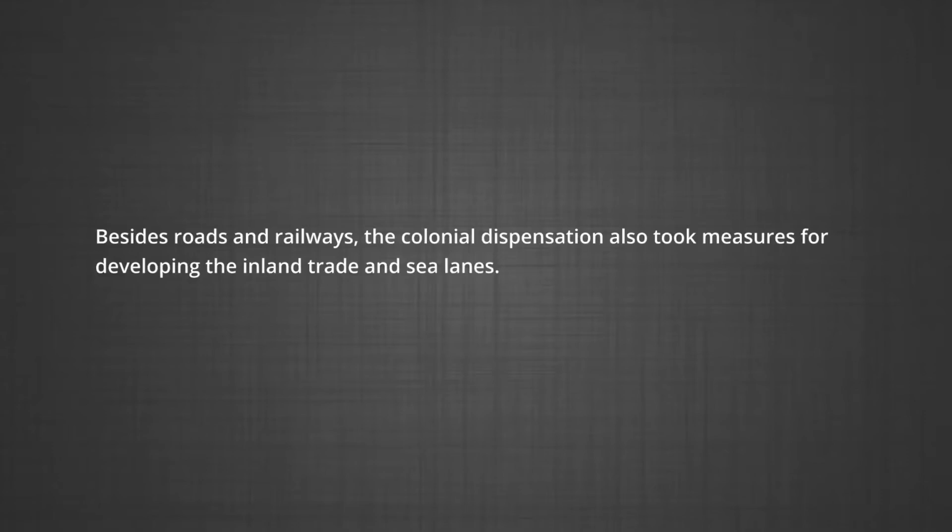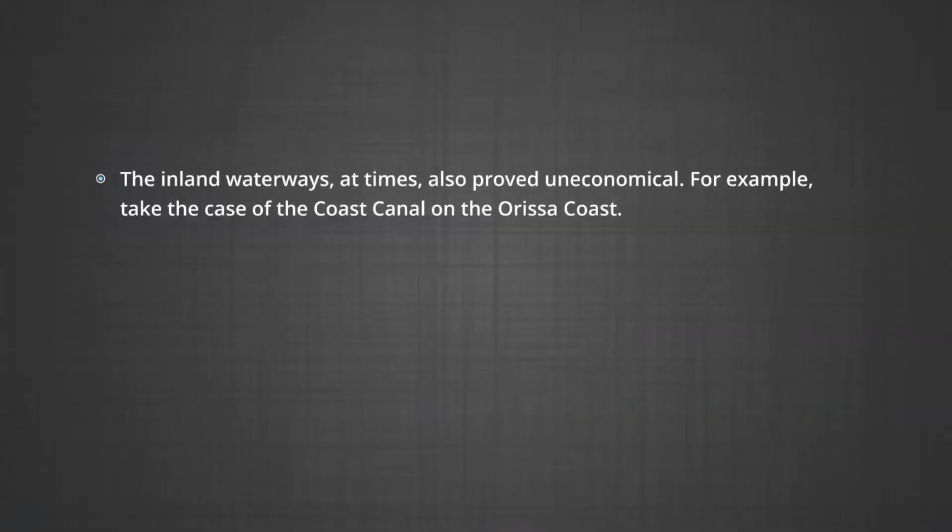Besides roads and railways, the colonial dispensation also took measures for developing the inland trade and sea lanes. However, these measures were far from satisfactory. The inland waterways at times also proved uneconomical. For example, take the case of the coast canal on the Odisha coast.